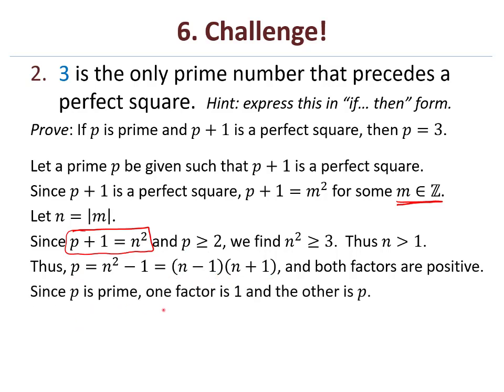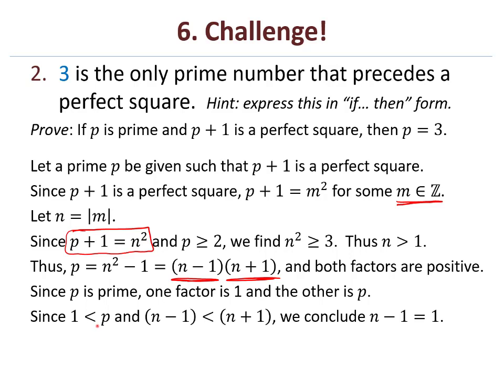Since p is prime, one factor is 1 and the other factor is p. Now, do you think you know which factor has to be 1 and which factor has to be p? Well, 1 is less than p, and this first factor is less than the second factor, so we can conclude that n minus 1 is 1.